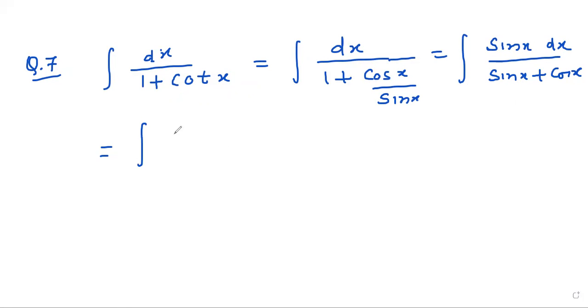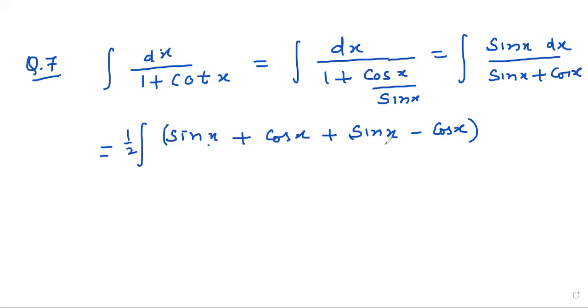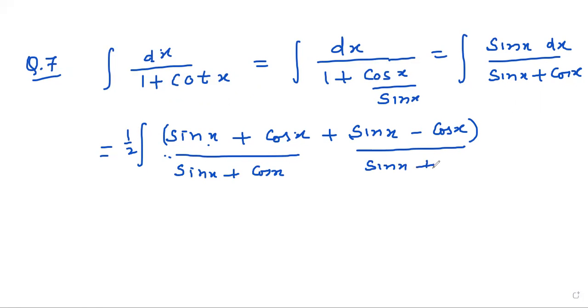So for that we write sin x plus cos x plus sin x minus cos x, and we write outside 1 by 2, because sin x will become 2 sin x, and cos x will get cancelled, and the whole divided by, so we write it separately like sin x plus cos x, and here also we write sin x plus cos x dx.